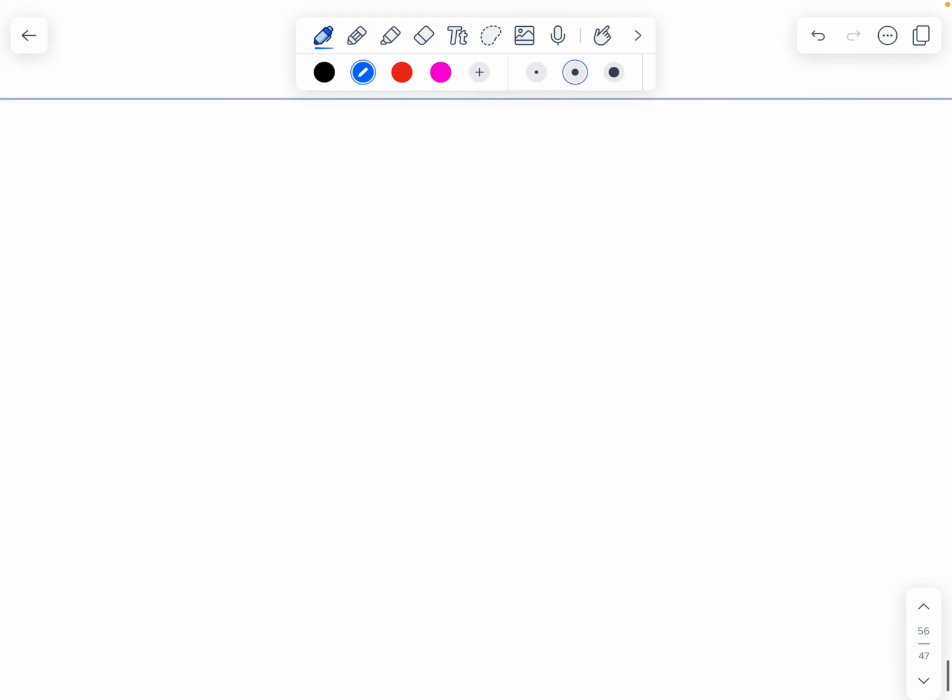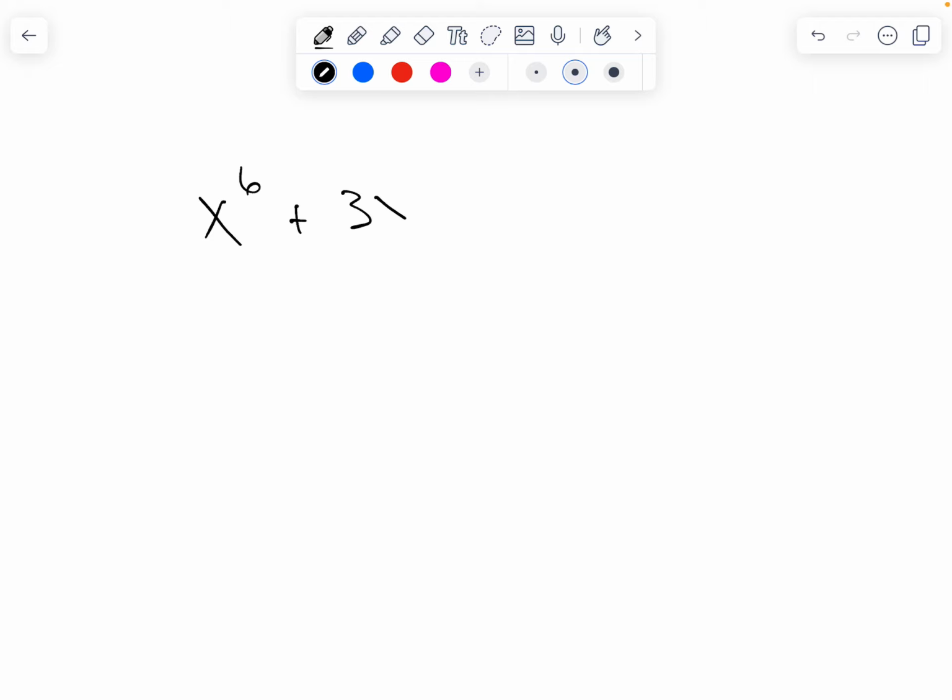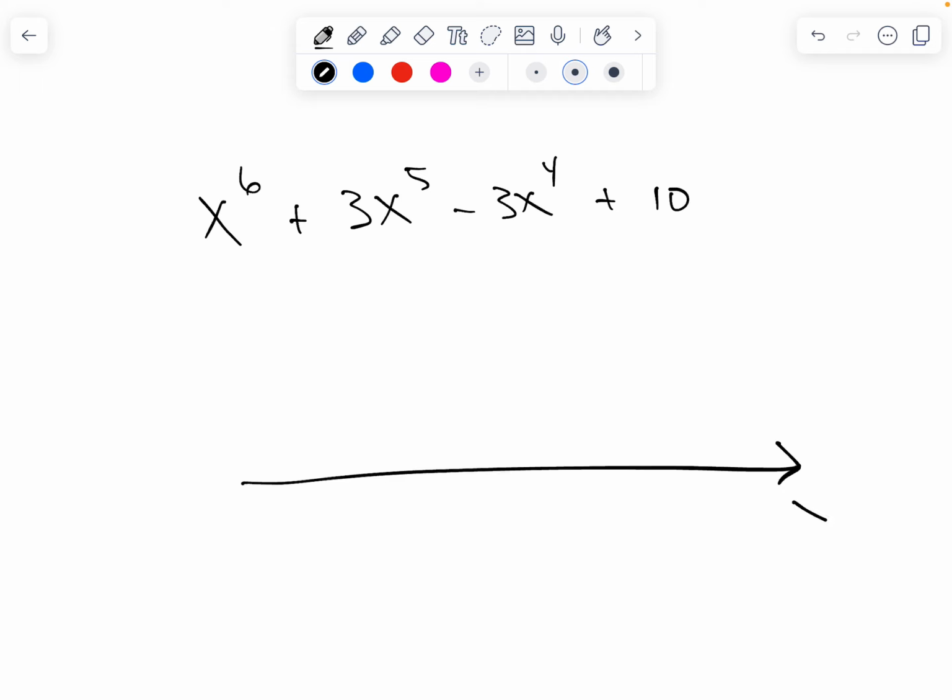Okay, so let's consider a couple more. What if you have something like this? x to the 6th plus 3x to the 5th minus 3x to the 4th plus 10. And we want to consider what happens as I get towards positive and negative infinity.